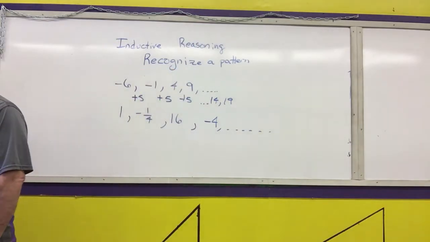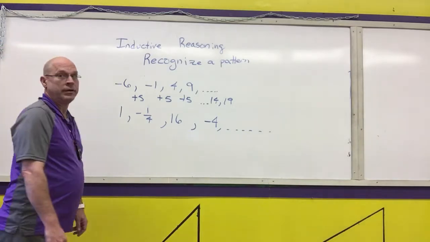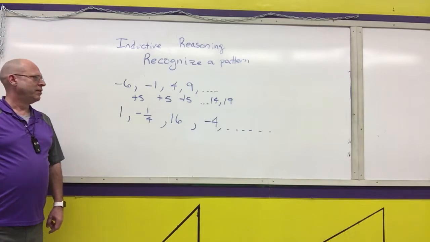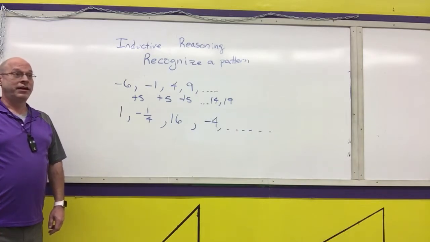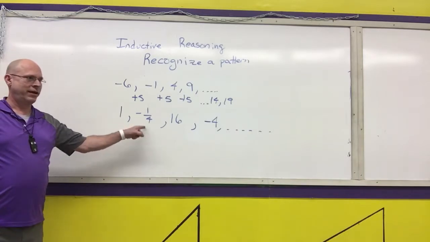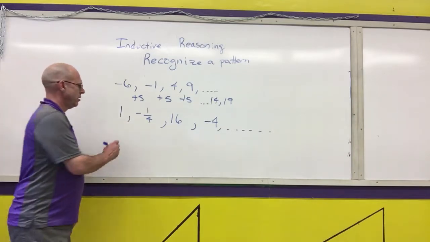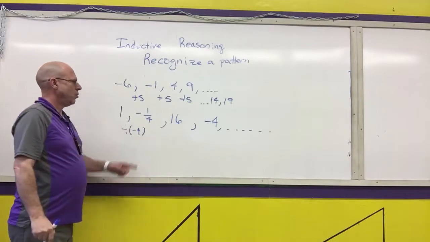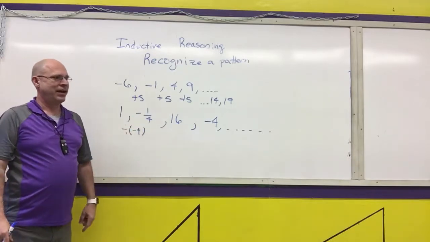Anybody recognize that pattern? Negative 1 to negative 1 quarter, 16, negative 4. Divide by what? Negative 4. Divide by negative 4. If you need to, get a calculator out. What's 1 divided by negative 4? So 1 divided by negative 4 is negative 1 quarter. What's negative 1 quarter divided by negative 4?